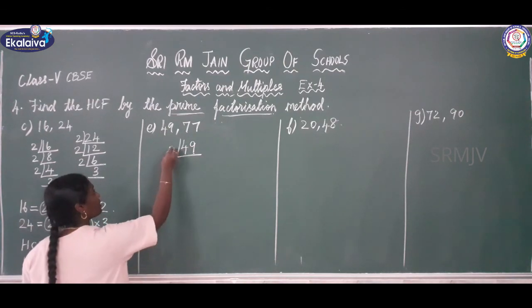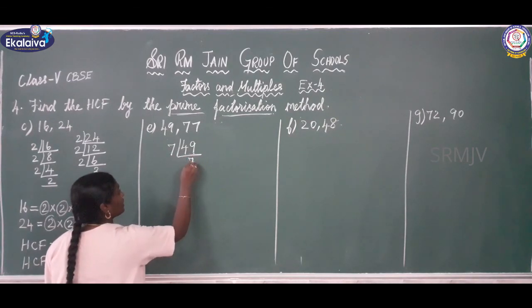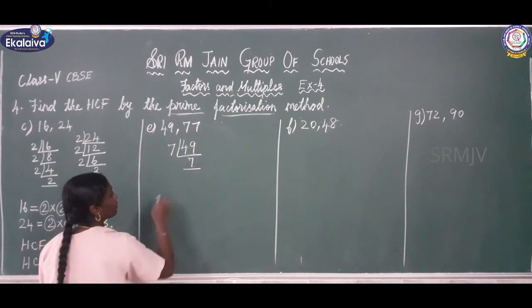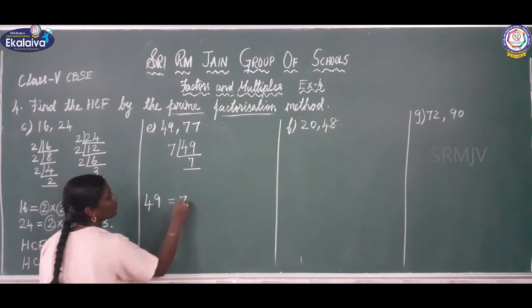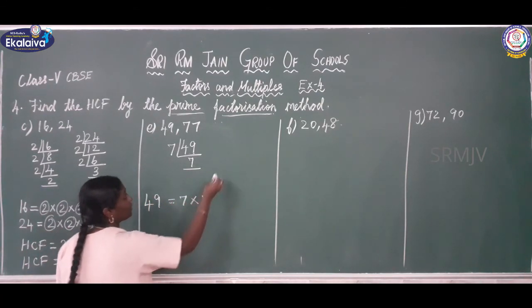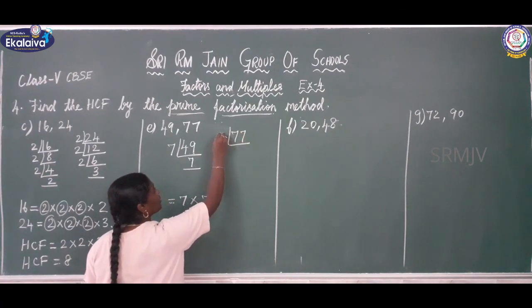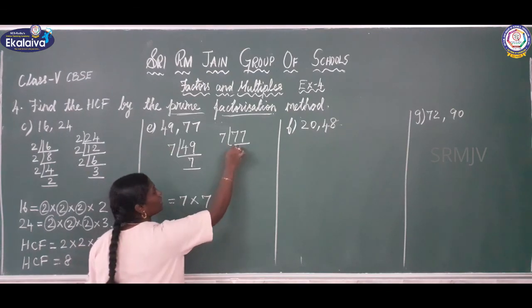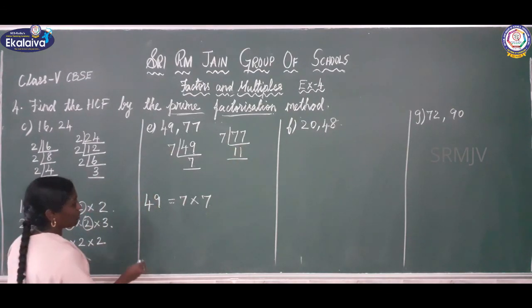49 is divisible by 7. So 49 divided by 7, that is 7. So 7 is a prime number. So the prime factorization of 49 is equal to 7 into 7. Then 77. Here 77 is also divisible by 7. Then 11. Here 11 is a prime number, so we have to stop here.